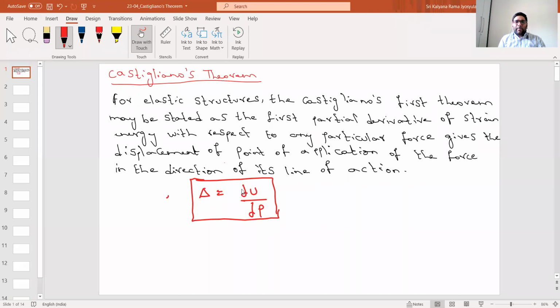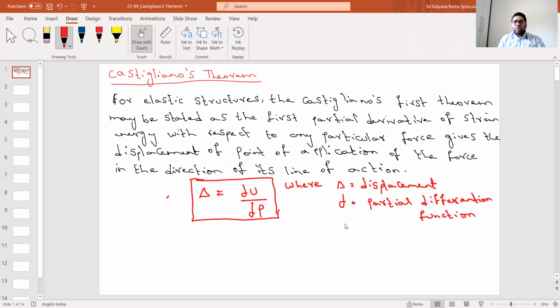Displacement is given by partial differentiation of strain energy with respect to applied load, where delta is the displacement, dou is the partial differentiation function, U is the strain energy, and P is the applied force.